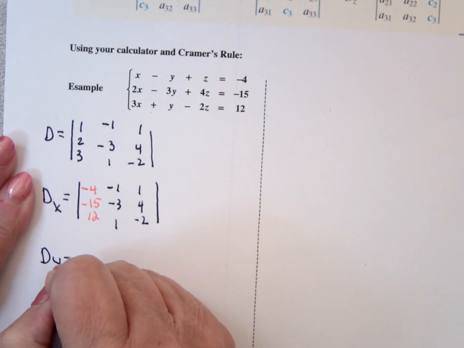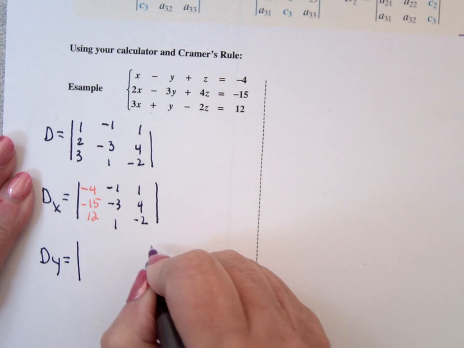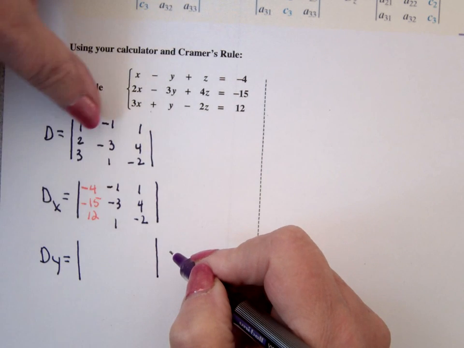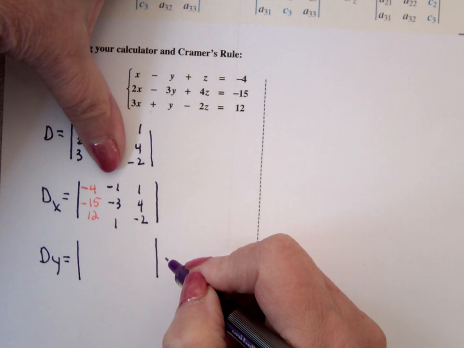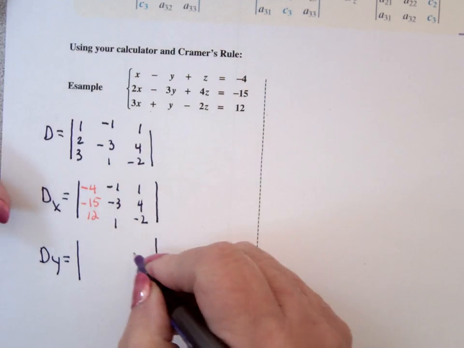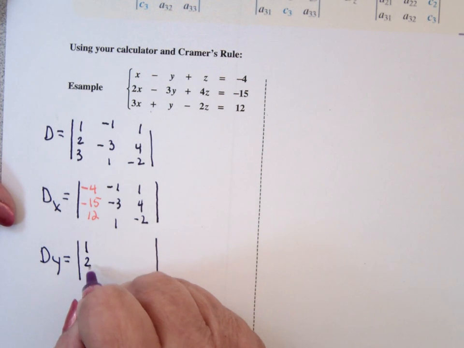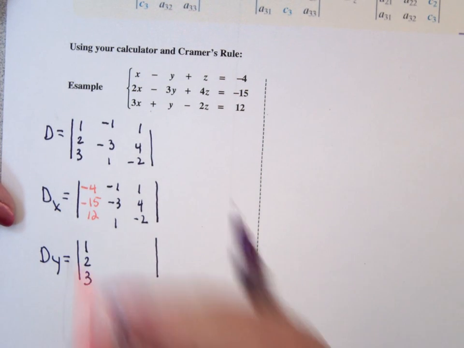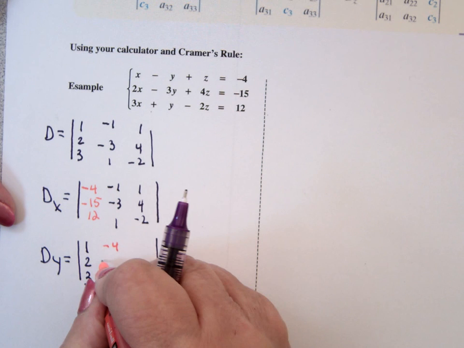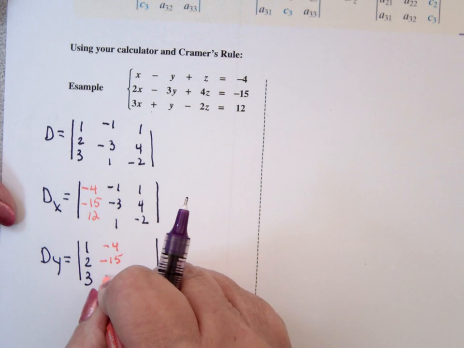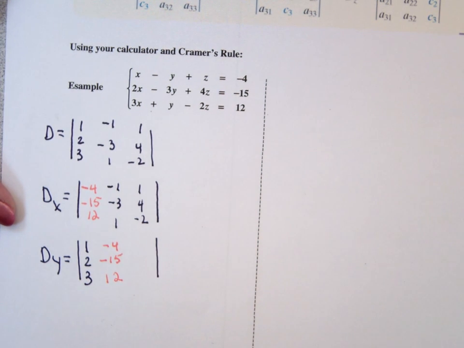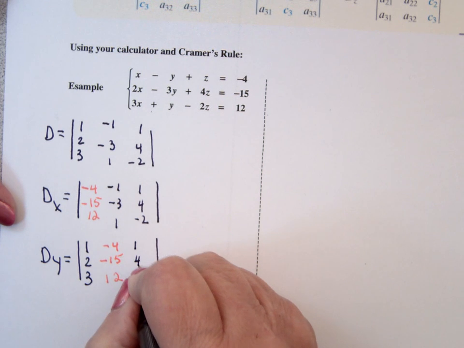D sub y now takes out the column that represents y and puts in the constants. So 1, 2, 3, the column is negative 4, negative 15, 12, then 1, 4, negative 2.